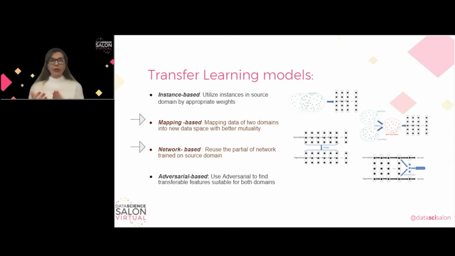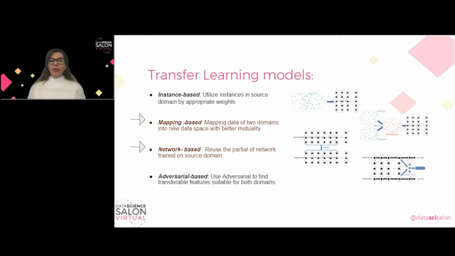This distance can be measured by different distance metrics, like KL divergence and Shannon divergence, in order to measure the distance between these two and see how compatible these features are in order to make transfer learning possible.